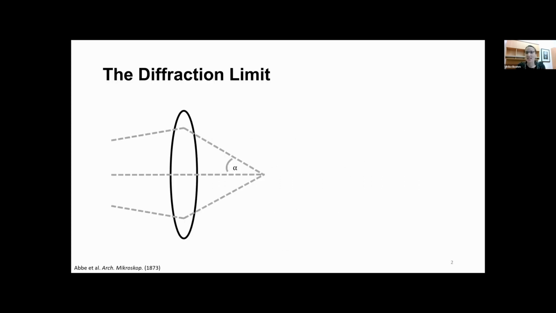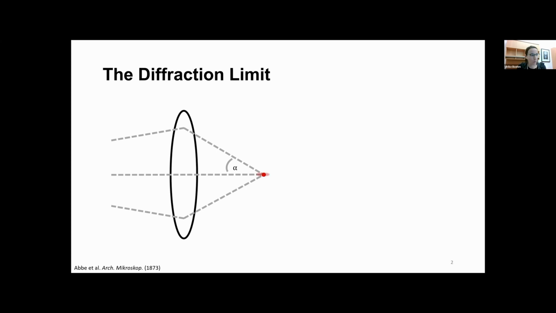As we are all familiar, there is a so-called diffraction limit in microscopy, and this means that we are unfortunately not able with conventional microscopes to focus down with a normal lens to a single spot.